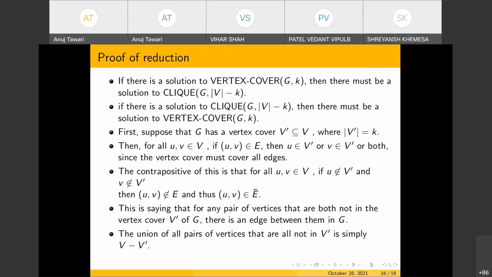And that's exactly the definition of clique. So the set of all vertices that are not in V prime, simply V minus V prime, is hence a clique in G prime because there is an edge between all such vertices.